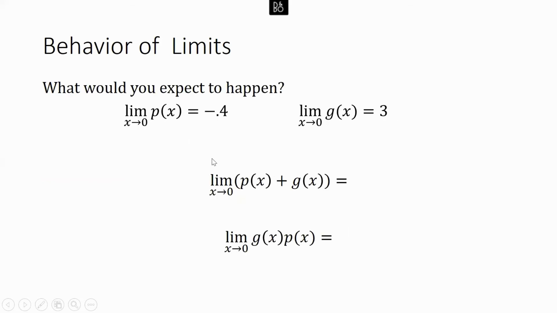So if we know that our function p of x has limit as x goes to 0 of negative 0.4, and our function g of x has limit as x goes to 0 of 3, what would you expect to happen if we took the sum of those two functions and took the limit of the sum as x goes to 0?